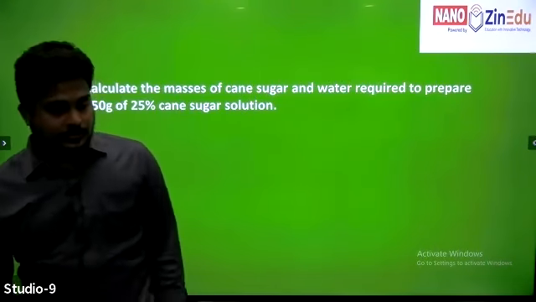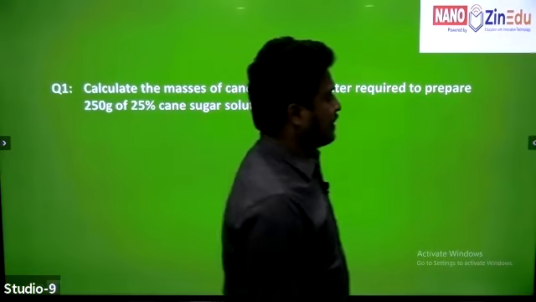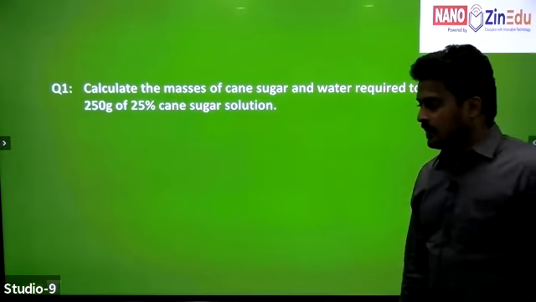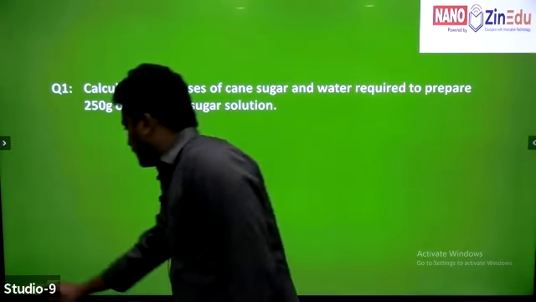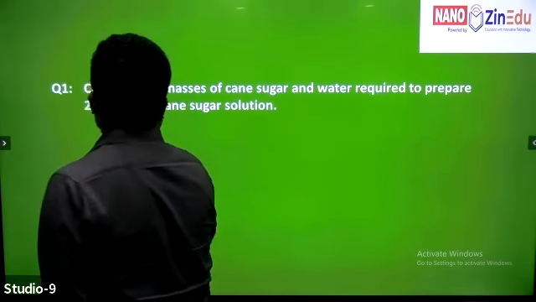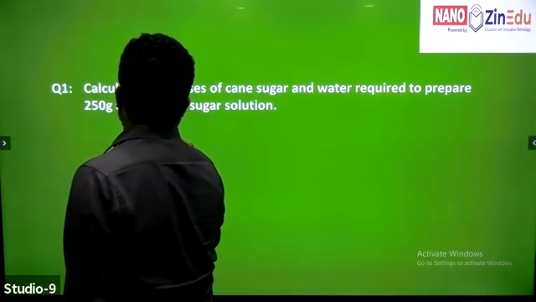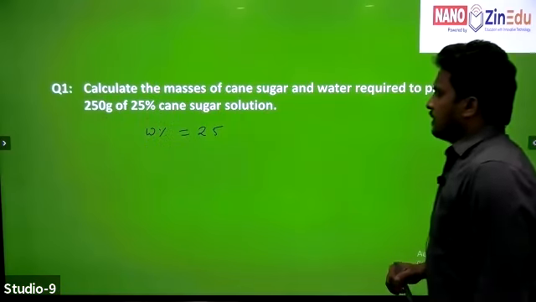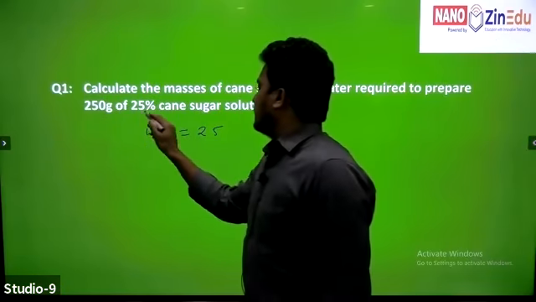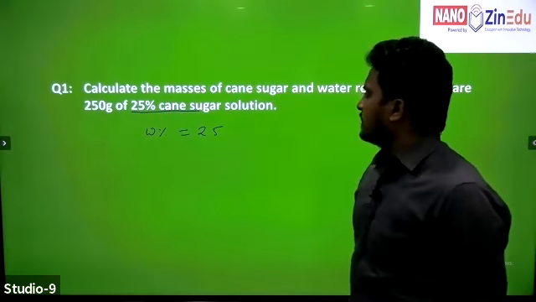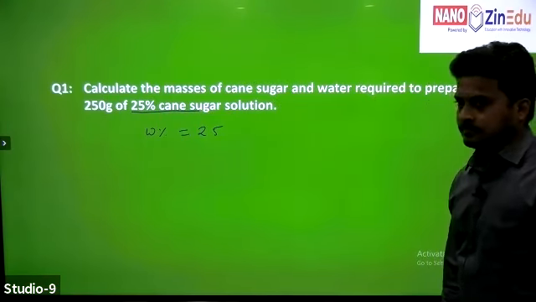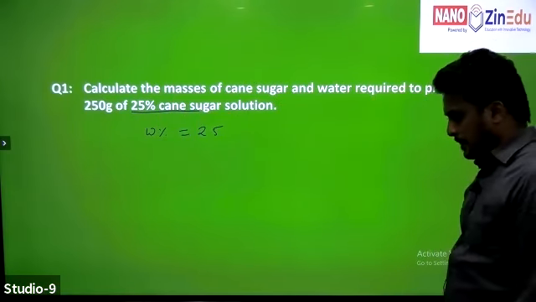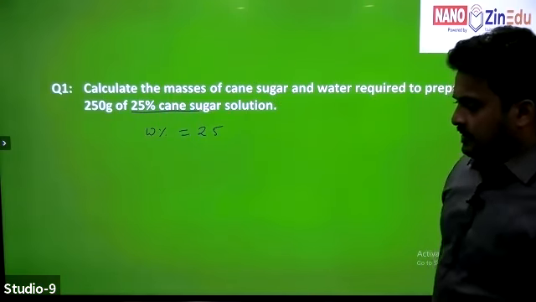Here the weight percent is given, that is 25. What is the meaning of 25% cane sugar? Tell me, try to tell me. If it is wrong, nothing to worry.